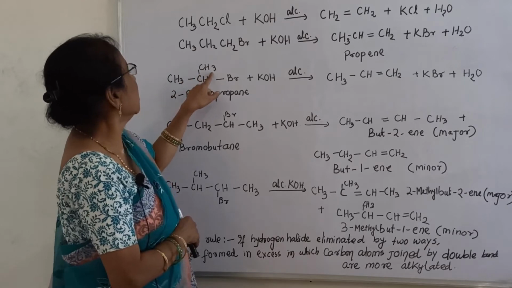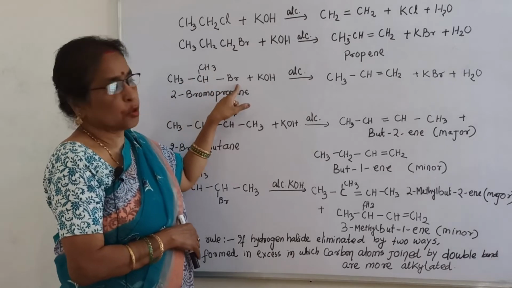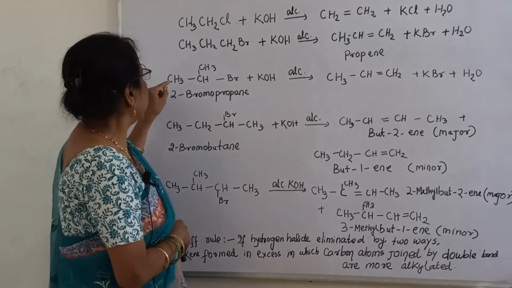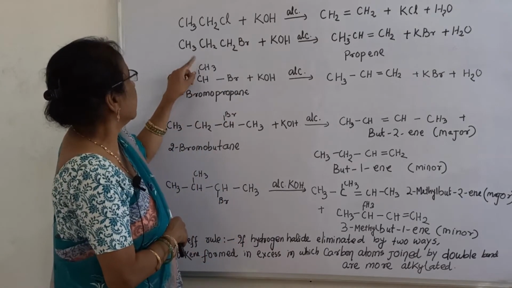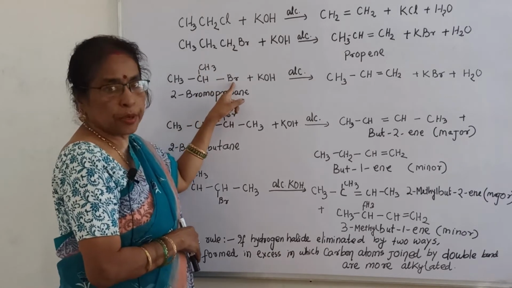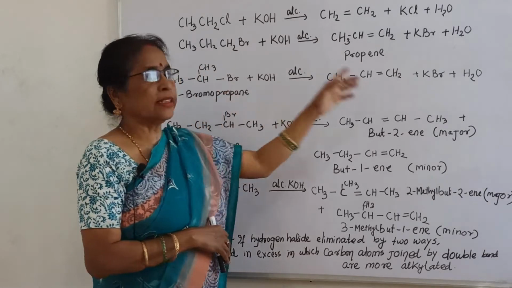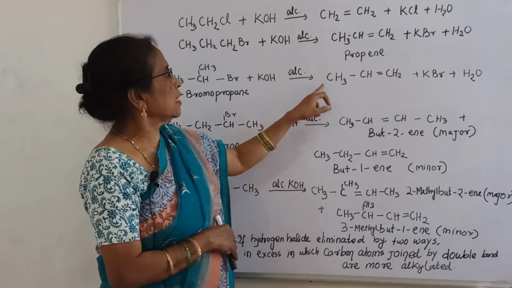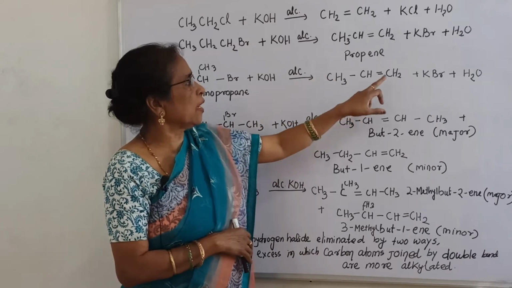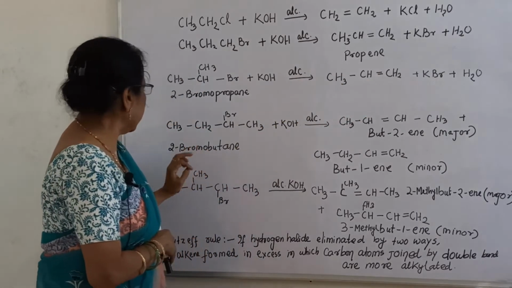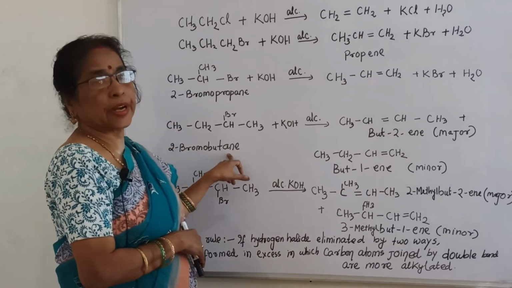From this one hydrogen comes to bromine and gives the byproduct HBr. Again see CH3, CHBr. From this one hydrogen reacts with bromine and gives HBr. Later it changes to KBr. And what is the main product? CH3, CH, CH2, that means propene. Same result as this one. Now here, 2-bromobutane.